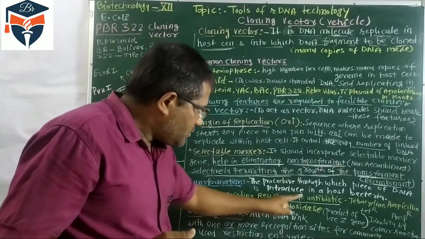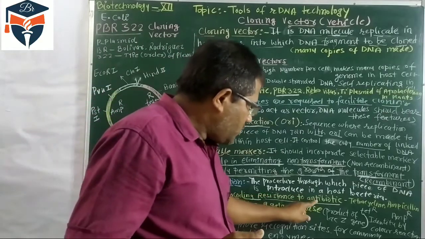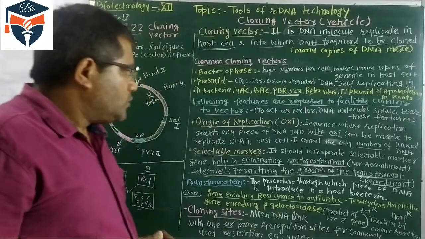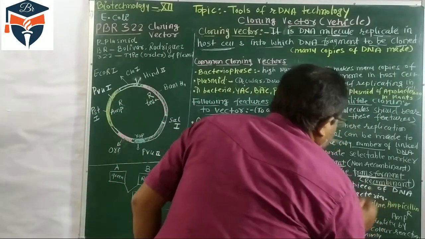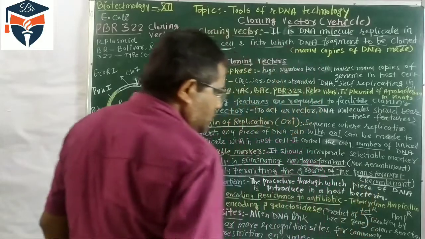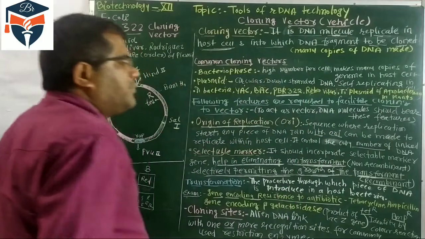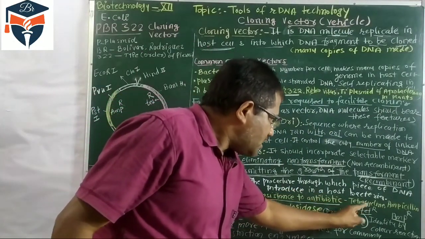One selectable marker is a gene encoding resistance to antibiotic. So genes encoding resistance to antibiotics: tetracycline gene and ampicillin gene. TETR is written for the tetracycline resistant gene, and AMPR is written for the ampicillin resistant gene.